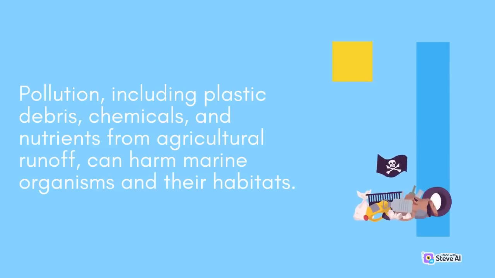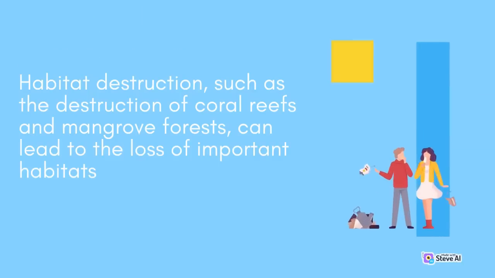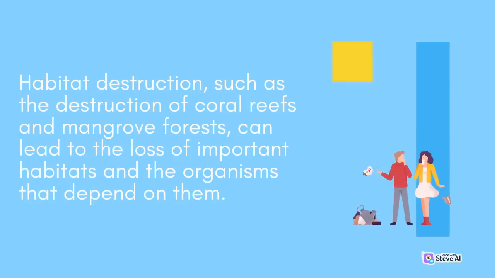Pollution, including plastic debris, chemicals, and nutrients from agricultural runoff, can harm marine organisms and their habitats. Habitat destruction, such as the destruction of coral reefs and mangrove forests, can lead to the loss of important habitats and the organisms that depend on them.